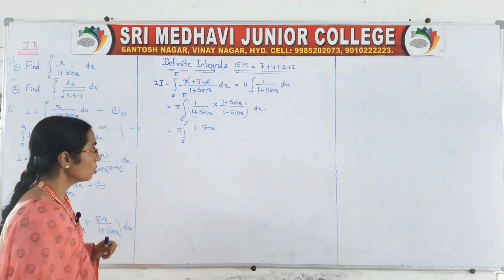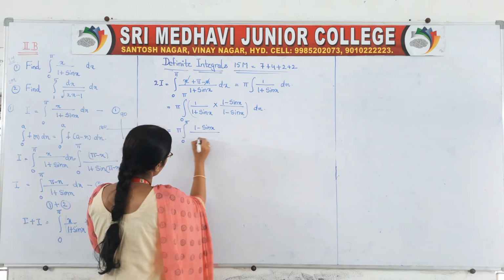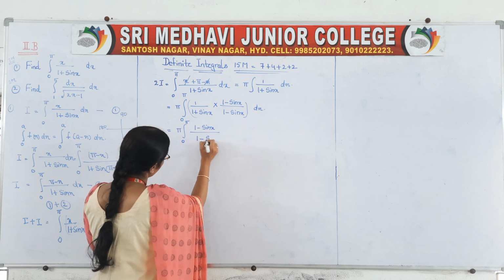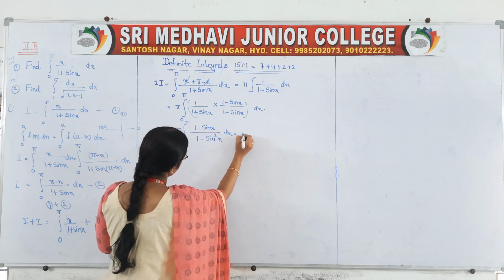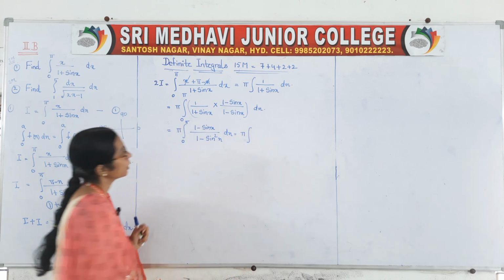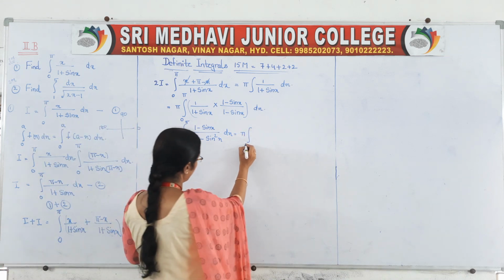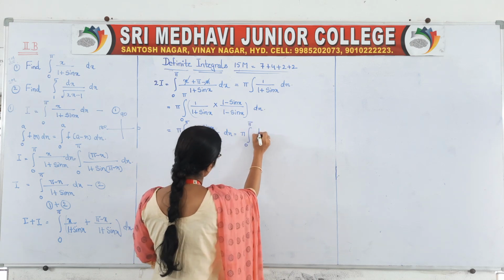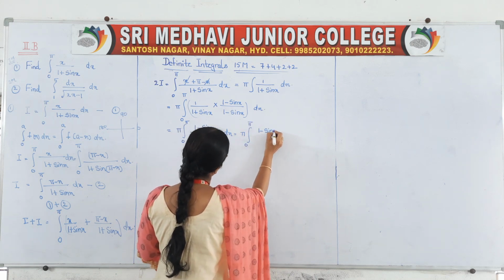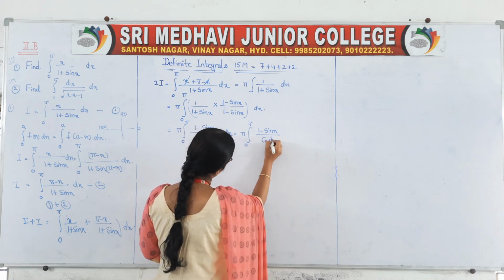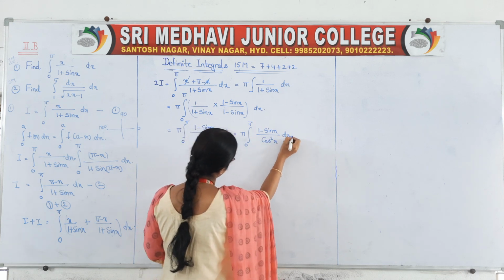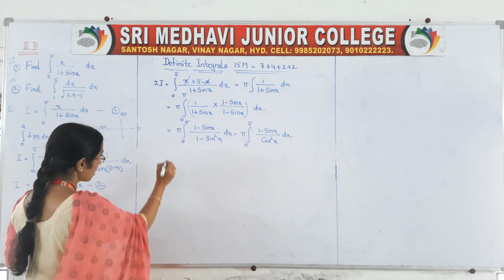A plus b into a minus b is a square minus b square, so 1 minus sin square x into dx. This is equal to pi into 0 to pi, 1 minus sin x divided by 1 minus sin square, which is nothing but cos square x dx.